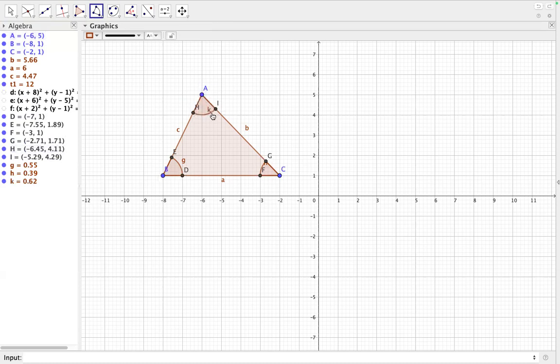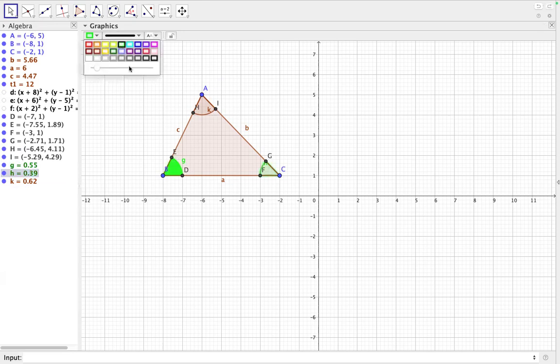So what we did here is that we have selected the angles. We don't care about the value of these angles yet. All we care about is selecting them like this. I can now change the color of this to green and this to red.